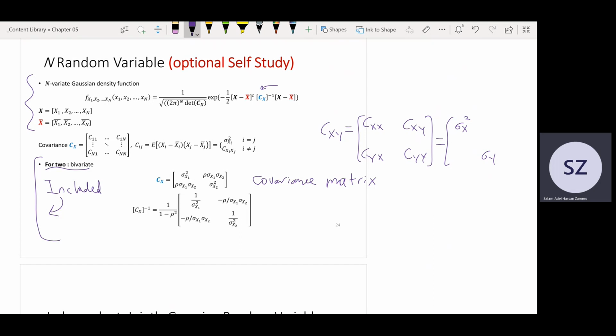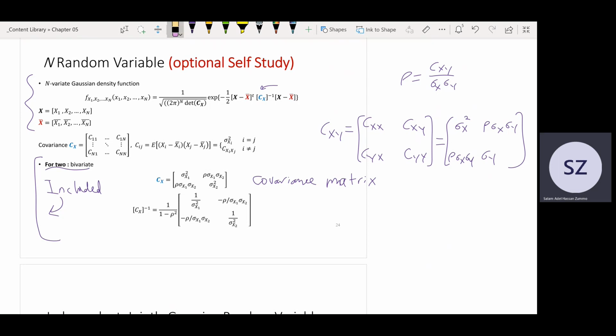What is the relation of CXY to the correlation? Rho is CXY divided by sigma X sigma Y, right? So we can write this as rho sigma X sigma Y. And what about CYX? It's the same. The covariance of XY is the covariance of YX. So basically it's rho sigma X sigma Y.